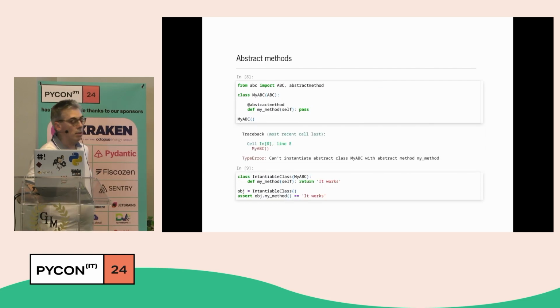Abstract methods force you to define a set of methods that you have defined as abstract before instantiating objects of this class.